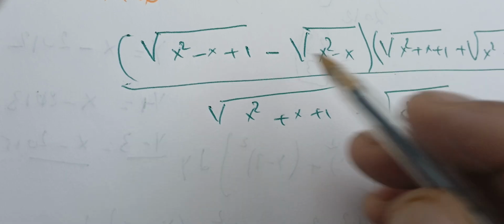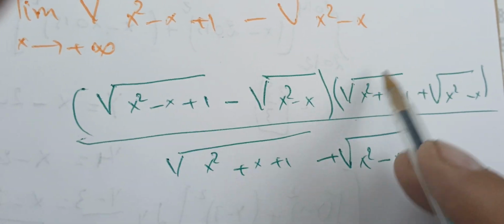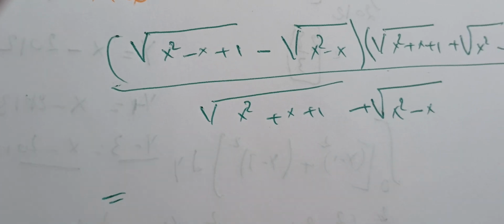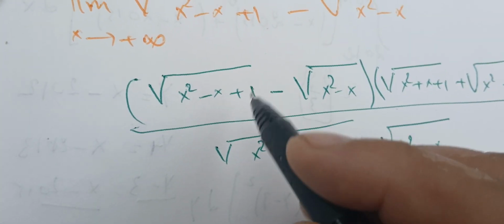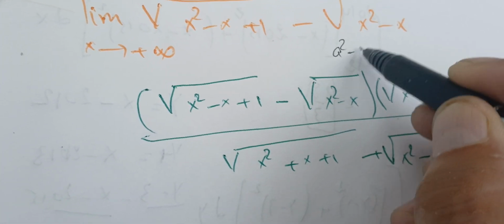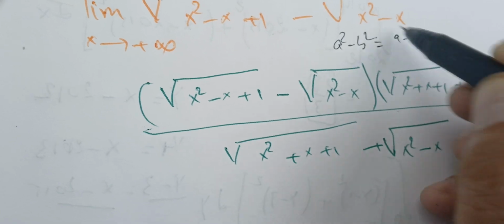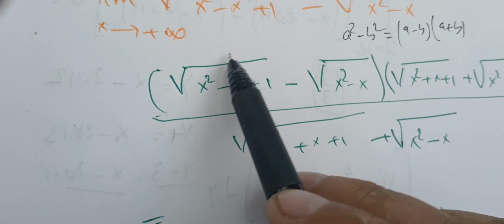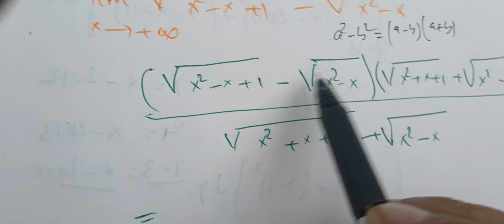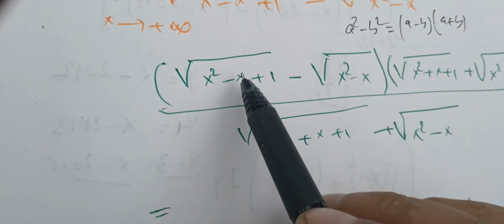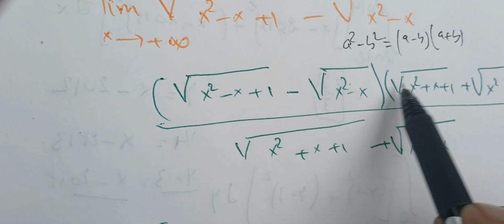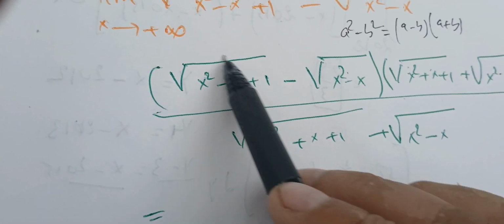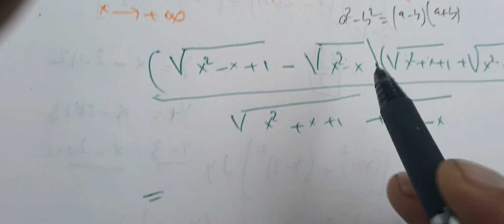Now we can simplify this expression, using the fact, for those of you who don't know, that a squared minus b squared is a minus b times a plus b on the top. So here, this is our a, this is our b, the minus and the plus. So a minus b times a plus b is equal to a squared minus b squared.